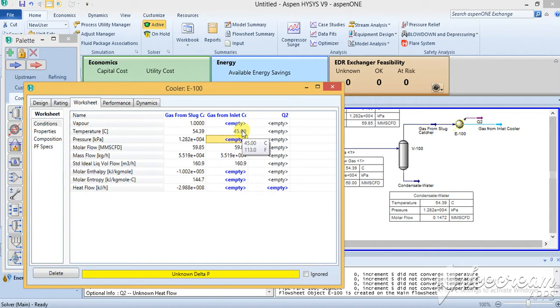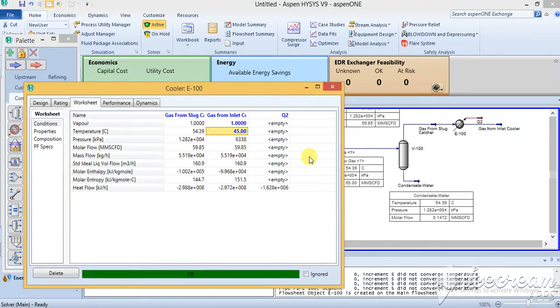Once you have given that temperature, you don't have to give the pressure, and you can see from here that the vapor phase is completely 1, so it will automatically calculate the pressure itself.